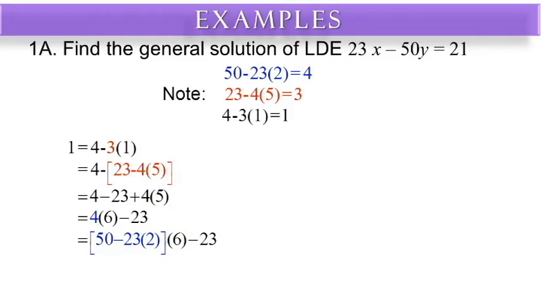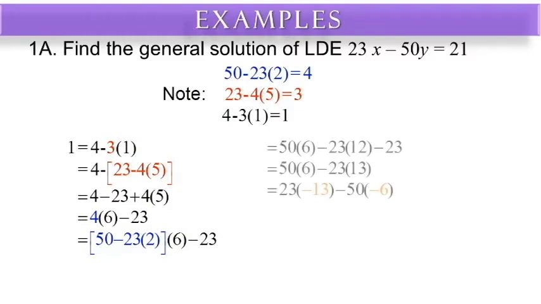After that, we'll substitute the 4, and we'll have the quantity of 50 minus 23 times 2 times 6 minus 23. And we will proceed to 50 times 6 minus 23 times 12 minus 23. But wait, we still have another 23, so we combine.